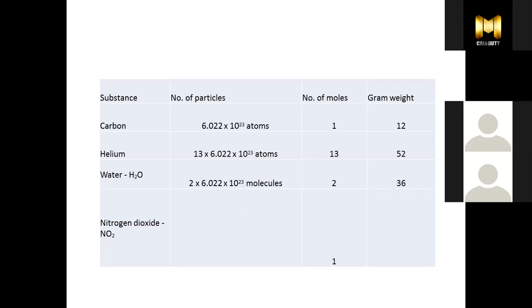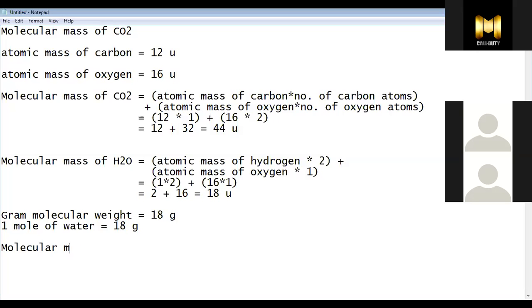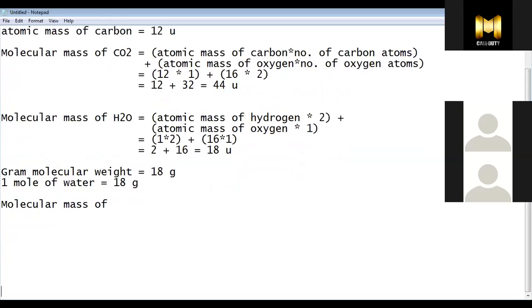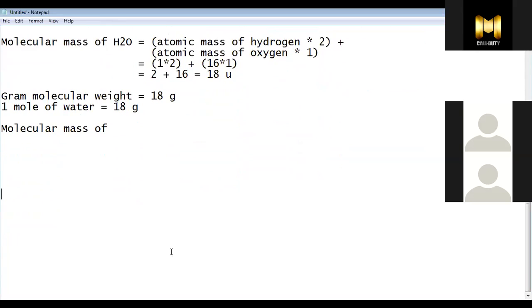Molecular mass means atomic mass of nitrogen multiplied by, we'll go back to my whiteboard again. Just a minute. Can you all see this screen? Yes, ma'am.